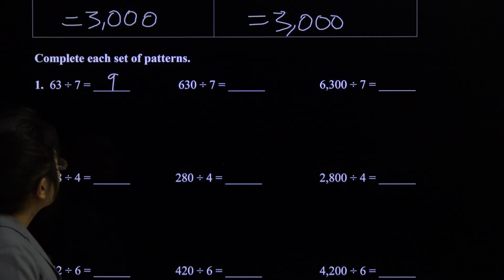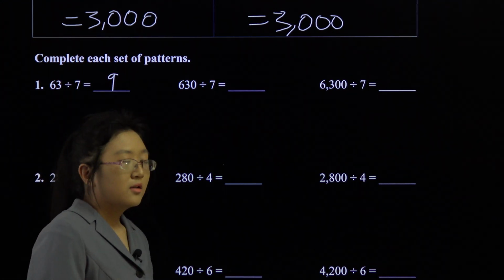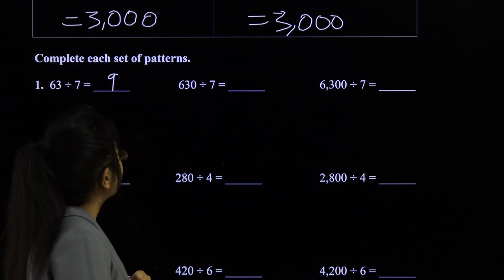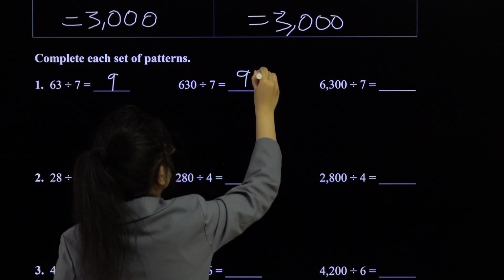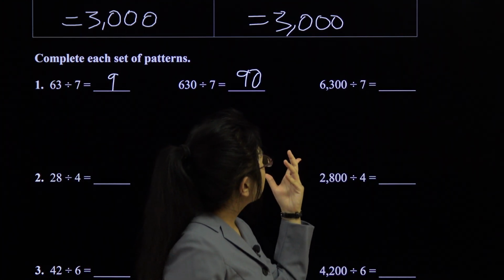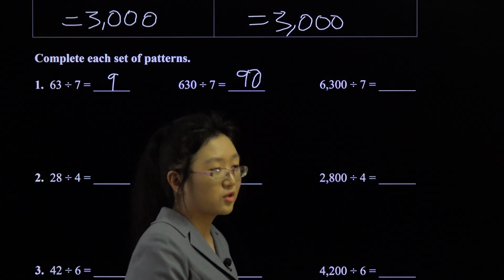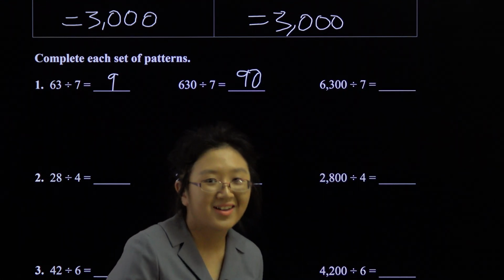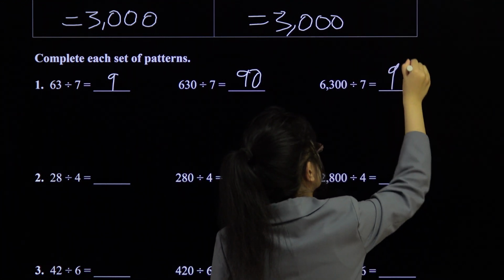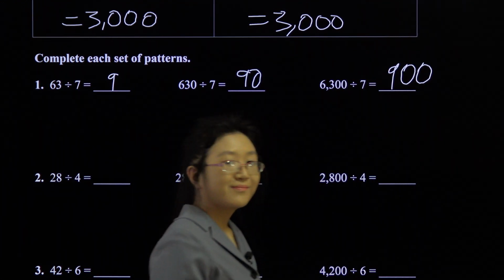Now what's 630 divided by 7? Well, it's 9 plus a 0. What about 6,300 divided by 7? Well, it's 9 with the 2 zeros.